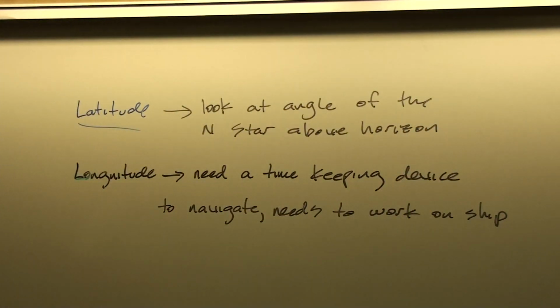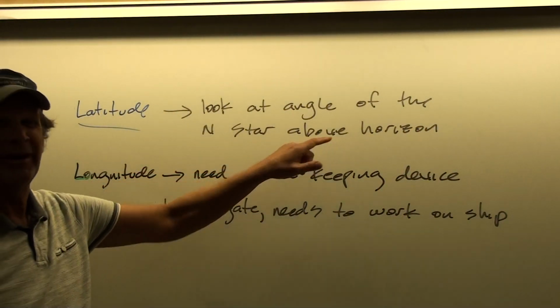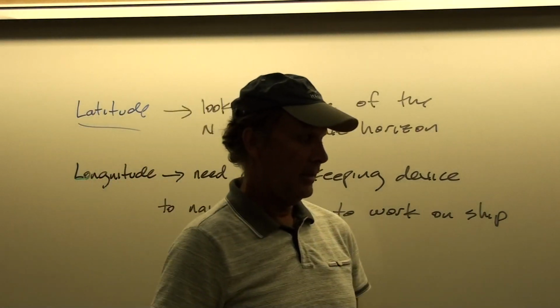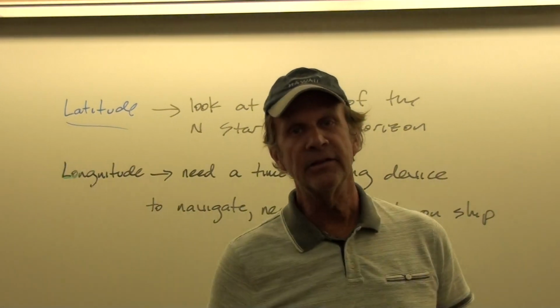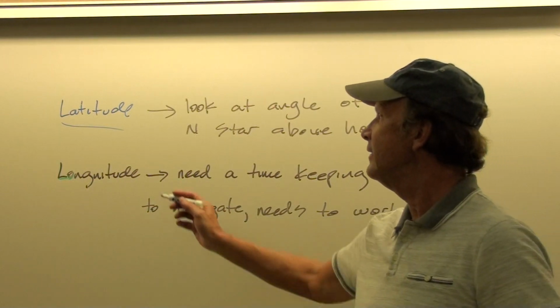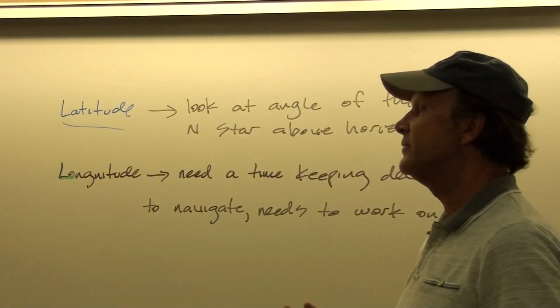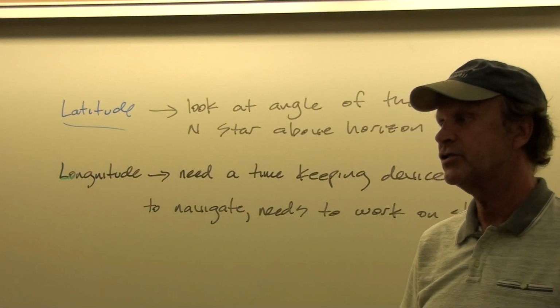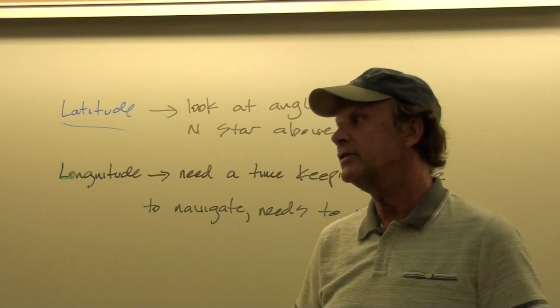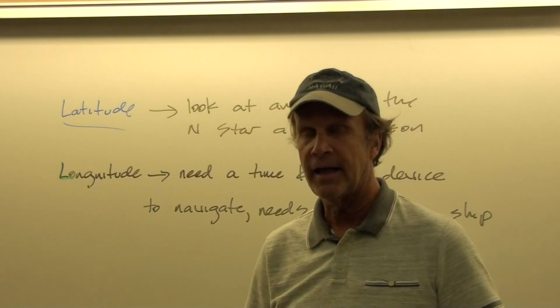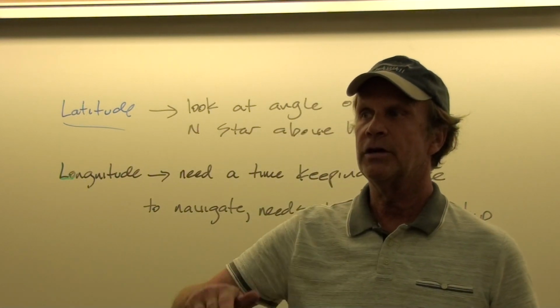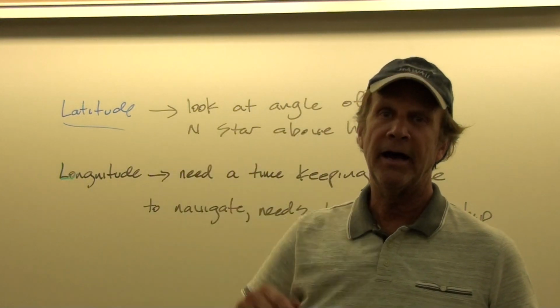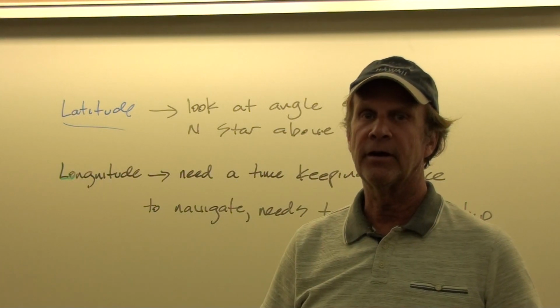And you might say, well, what if it's bad weather and you can't see the North Star? Well, in the time of Columbus, they also had star charts, or sun charts, I should say, in which, as a function of the latitude, you could measure the maximum height of the sun above the horizon.